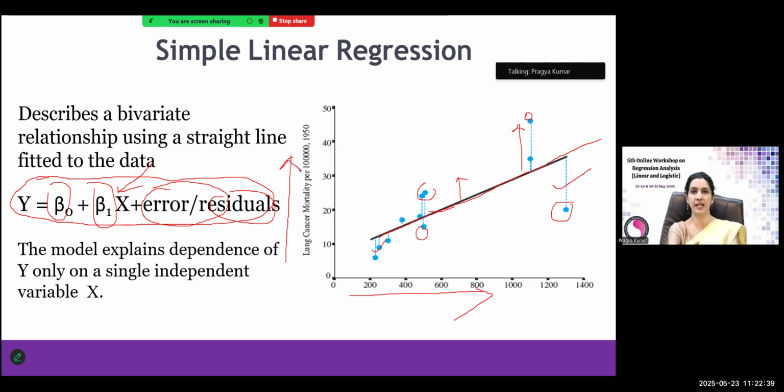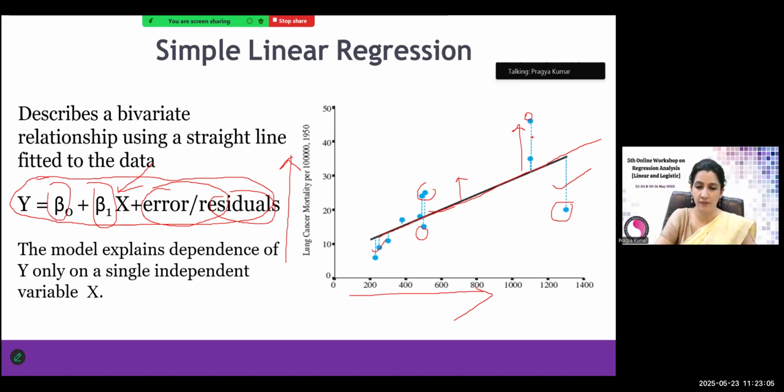So from this slide, we have learned a few things. Wherever you see these residual plots, the x-axis is always the predictor variable or the independent variable. The y-axis is always the dependent variable or the outcome variable. The line you see in any equation is drawn using the predicted data points.